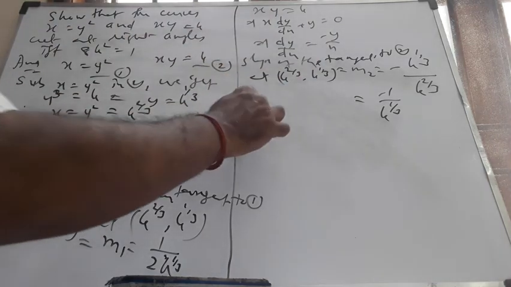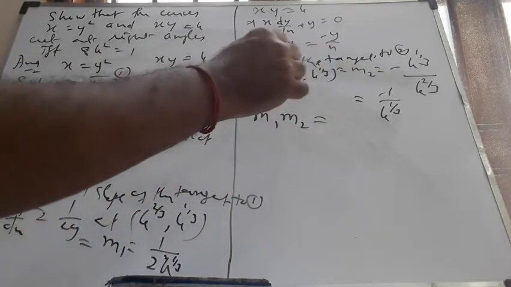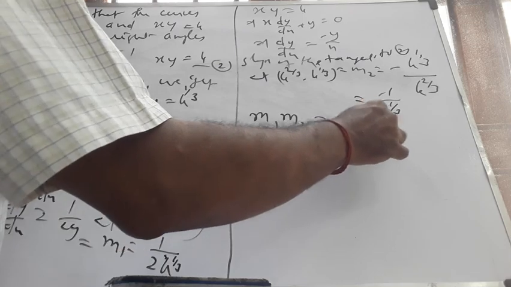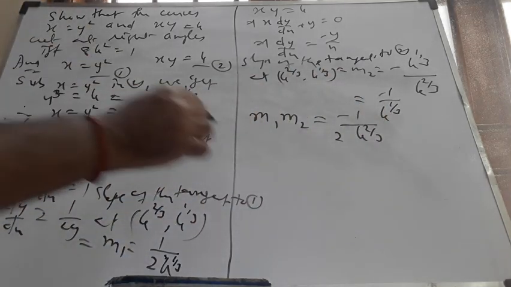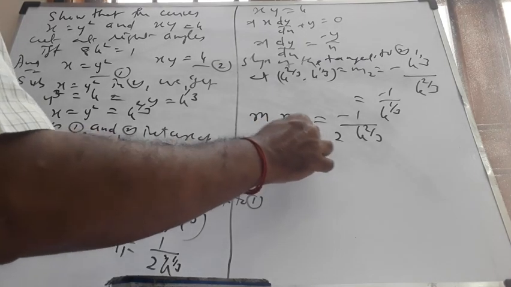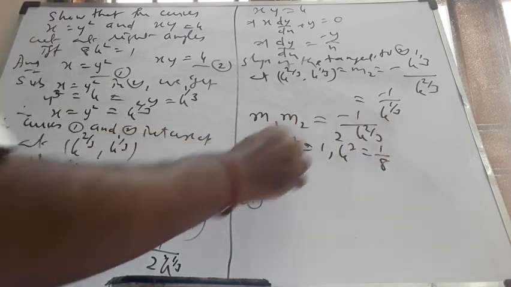Just listen. Let me think about the product m1 m2. Here you will get minus 1 by 2 into k power 2 by 3. If 8k square is equal to 1, you will get k square is equal to 1 by 8.